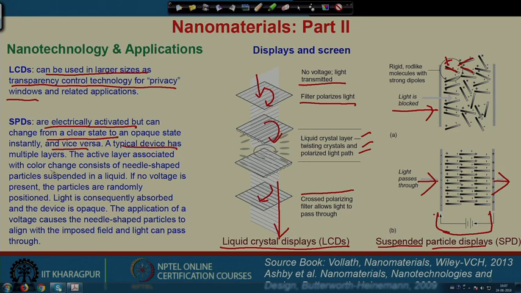So, the typical device has multiple layers, and the active layer, which is associated with the color change, consists of this kind of needle-shaped particles suspended in a liquid.